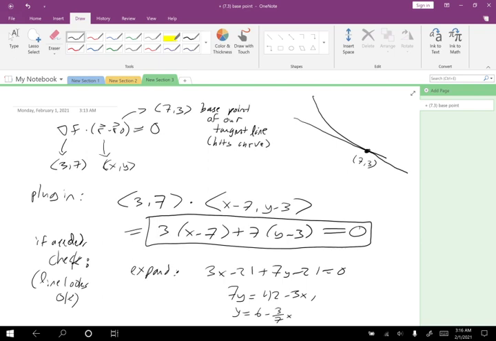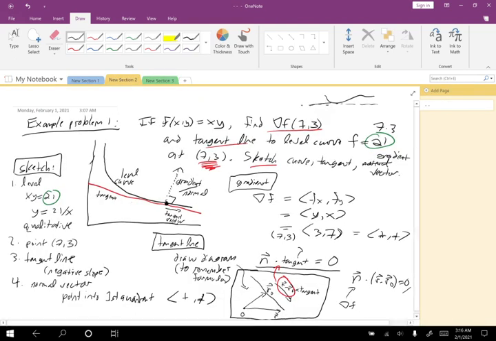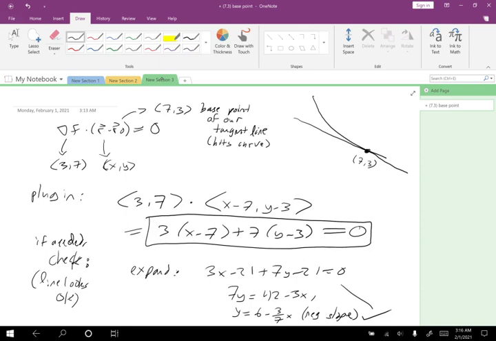It has negative slope. That's what we wanted, because if we go back to our diagram, what we want is negative slope, because that's what the function is doing at that point. Okay? So now we're done.